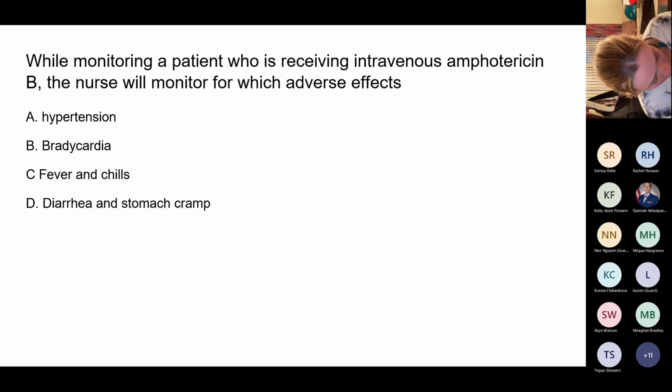What am I monitoring for a patient who is on amphotericin B? What's the nursing intervention associated with amphotericin B or AMP B? What's a good nursing intervention for AMP B?